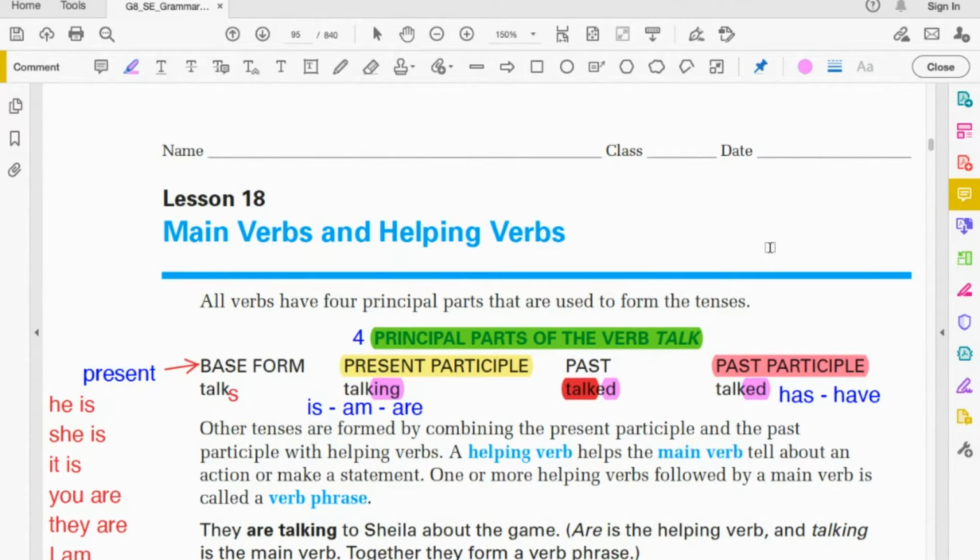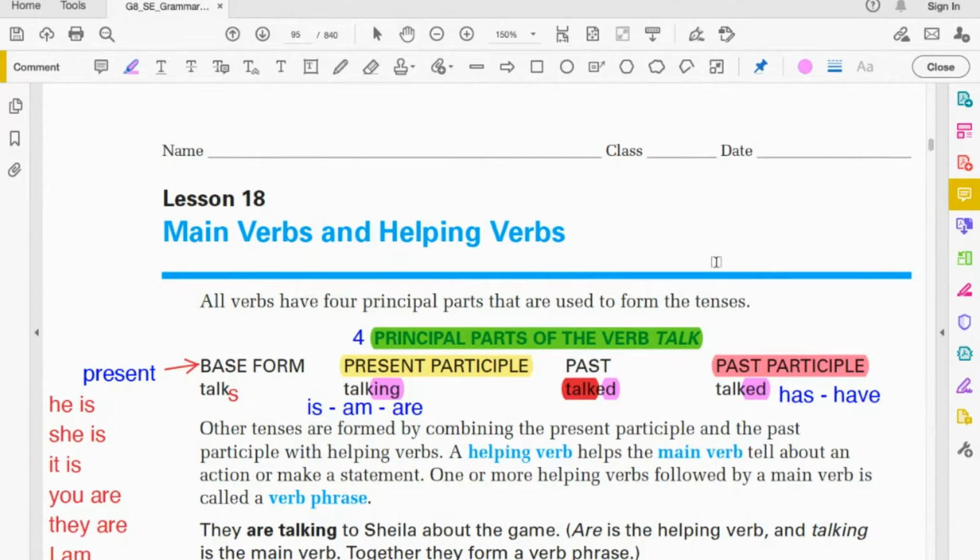Base form, present. Present participle plus ing. Past. Past participle. Again, each of these four principal parts of the verb are now going to be used with a helping verb.